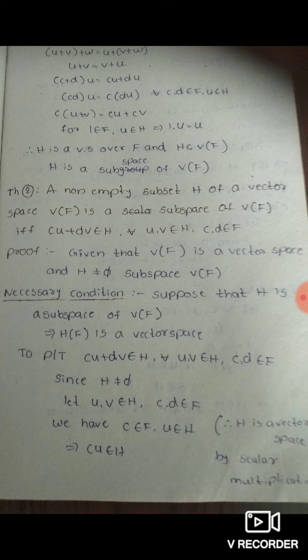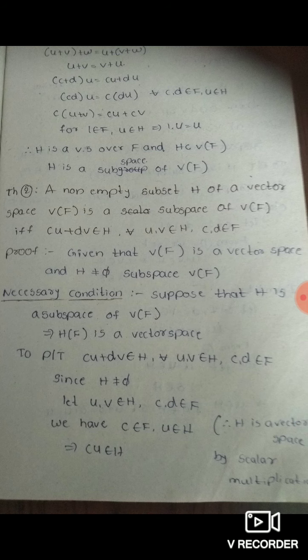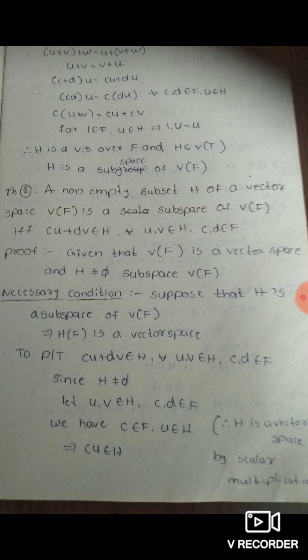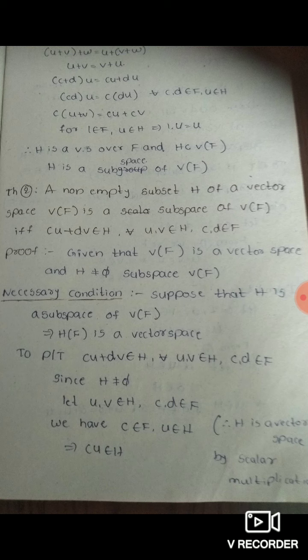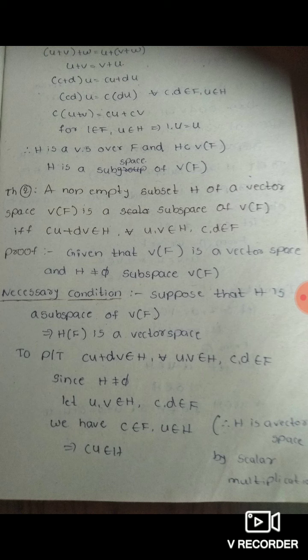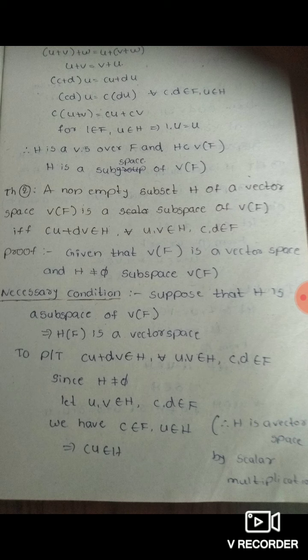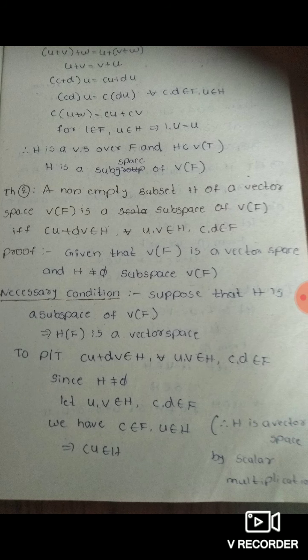Since H is non-empty, let U, V belongs to H and C, D belongs to F. We have C belongs to F, U belongs to H, that implies Cu belongs to H. How to write? Already H is a subspace. H is a subspace means already H is a vector space. By the definition of vector space, scalar multiplication can be applied.